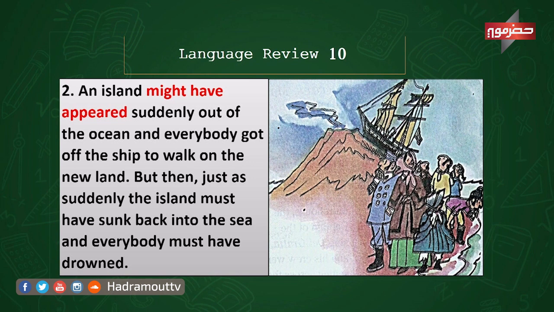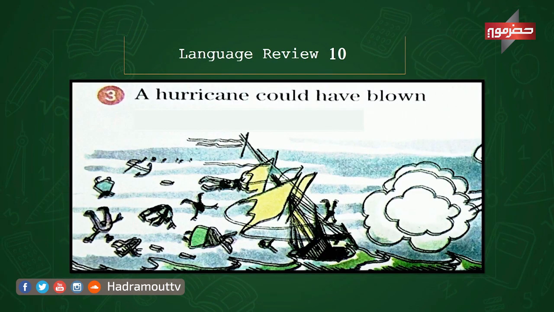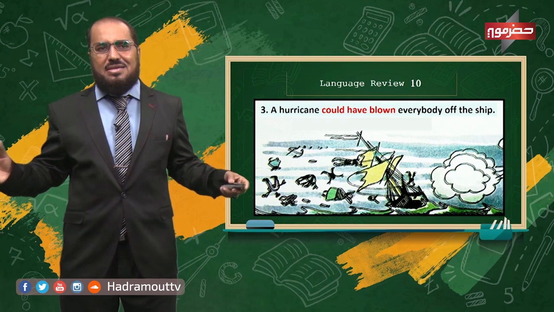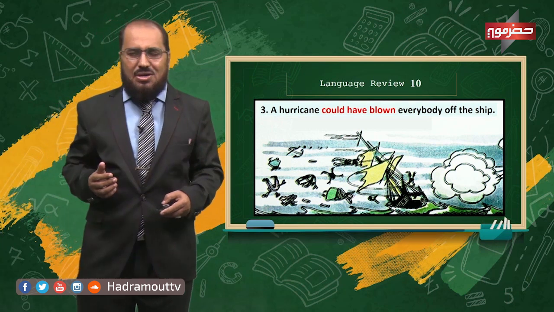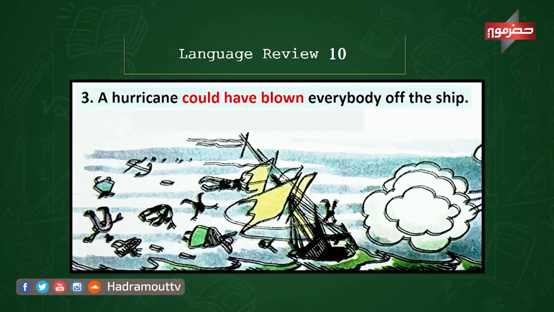An island might have appeared suddenly out of the ocean and everybody got off the ship to walk on the new land, but then just as suddenly the island must have sunk back into the sea and everybody must have drowned and the ship was left empty. Or a hurricane could have blown everybody off the ship. Look at the picture. All these are suggestions, okay?